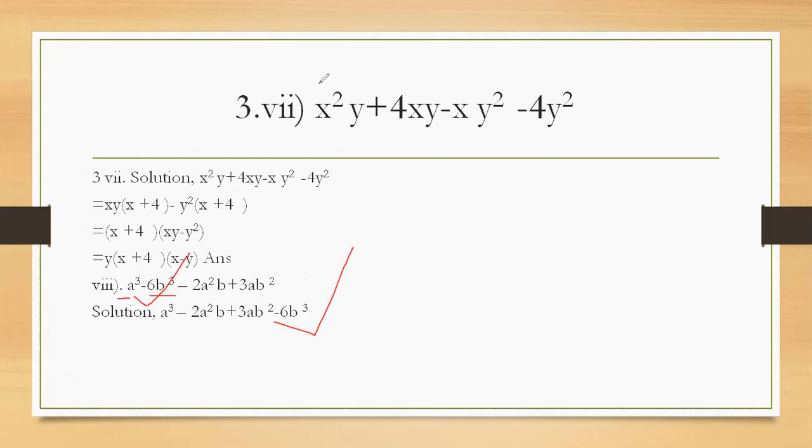Now, is there any common, children? What is common in the first two terms? Can you tell? Sir, a. A square is common. We have to take the highest one, the maximum. A square is common. Here a is left, here minus 2b is left. Here 3b square is common. A is left here, and here minus 2b is left, because of the 6.